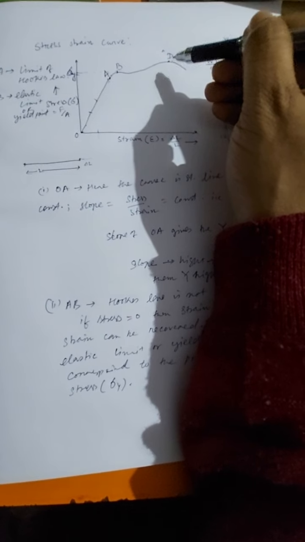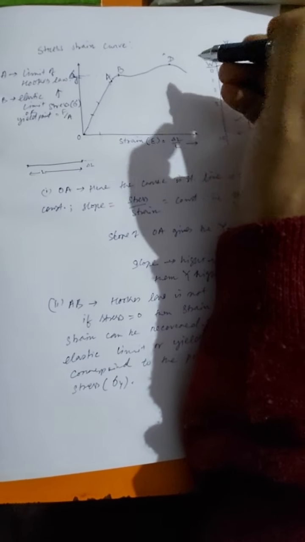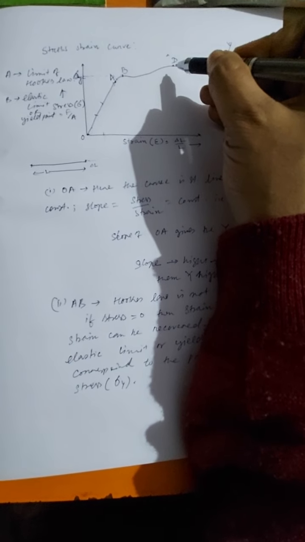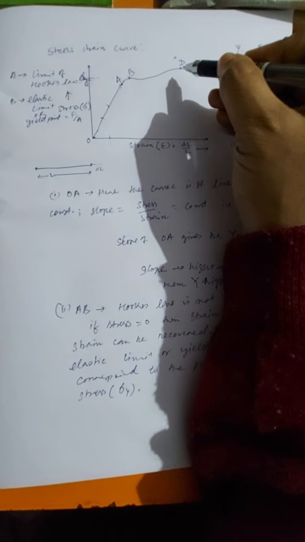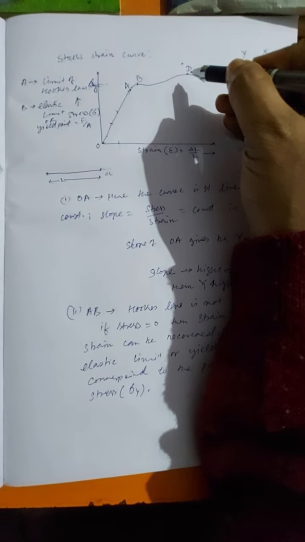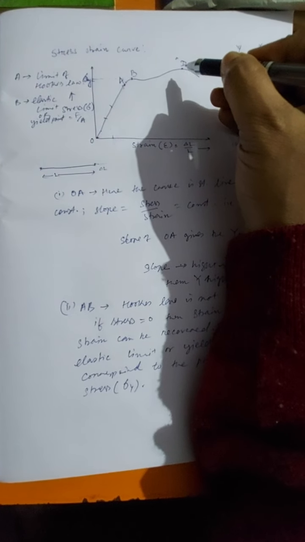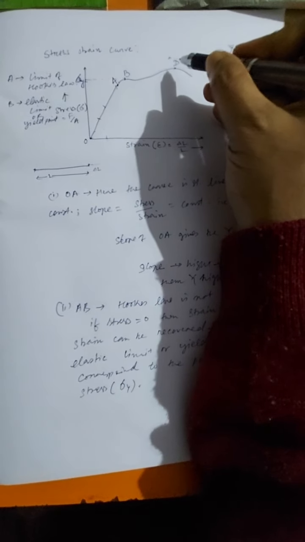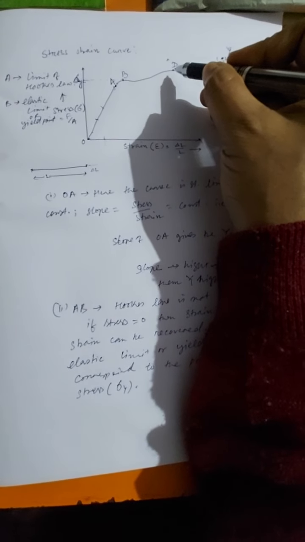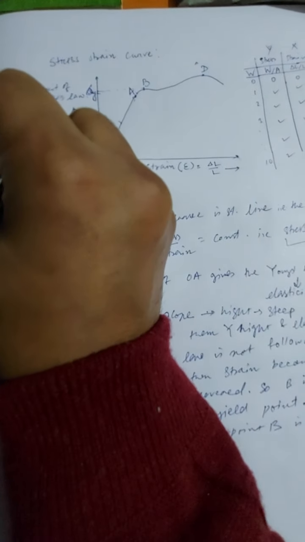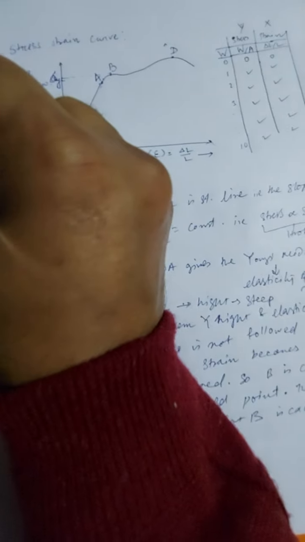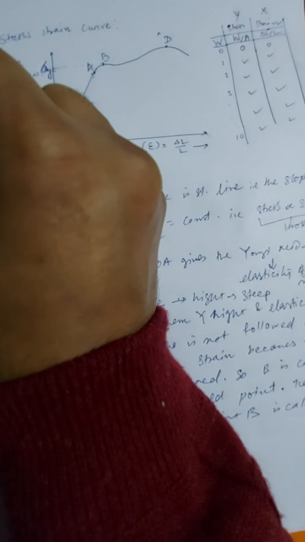The material starts to break, and this point D is called the ultimate tensile strength or breaking point.